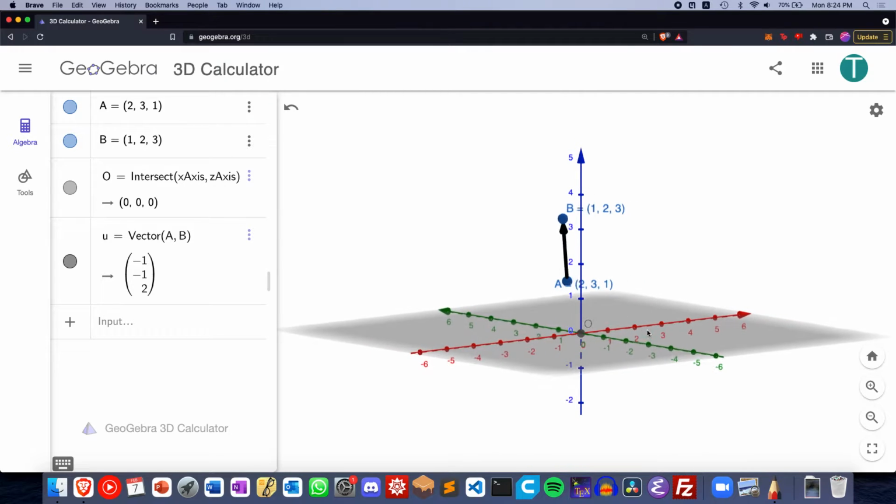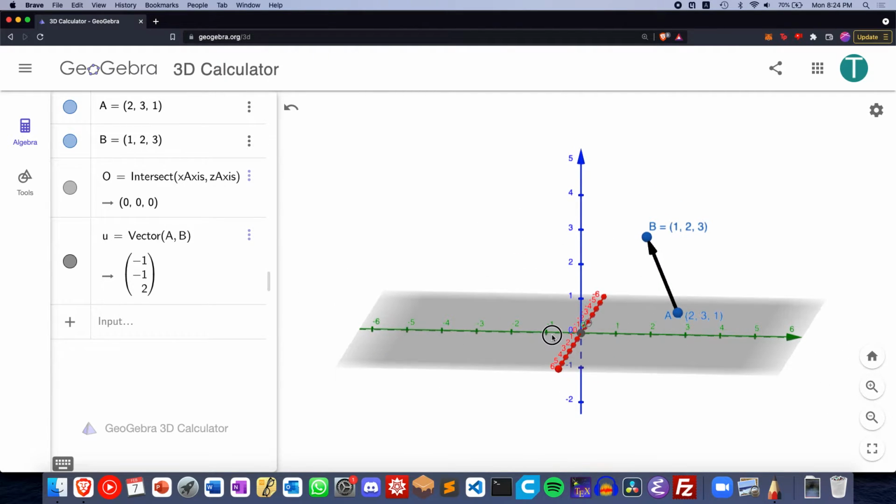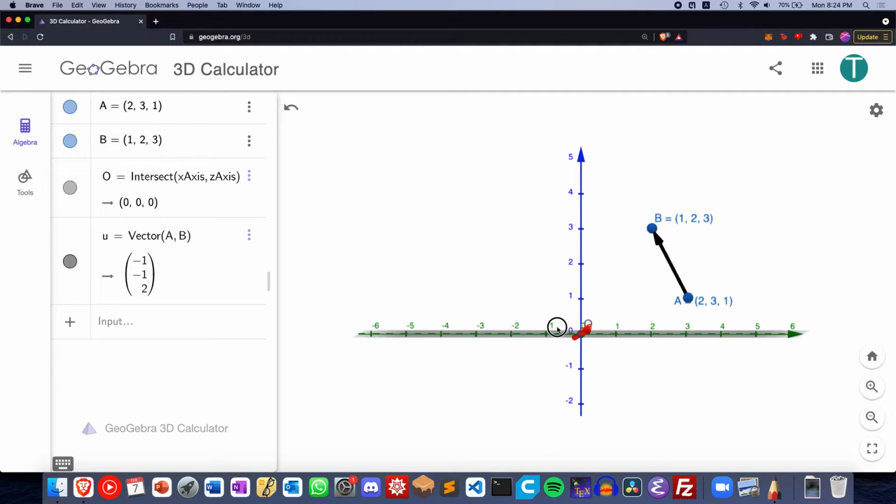And then we look at it from the y direction. Then we see that the vector AB is pointing negative 1 unit in the y direction. It goes from y equals 3 to y equals 2.